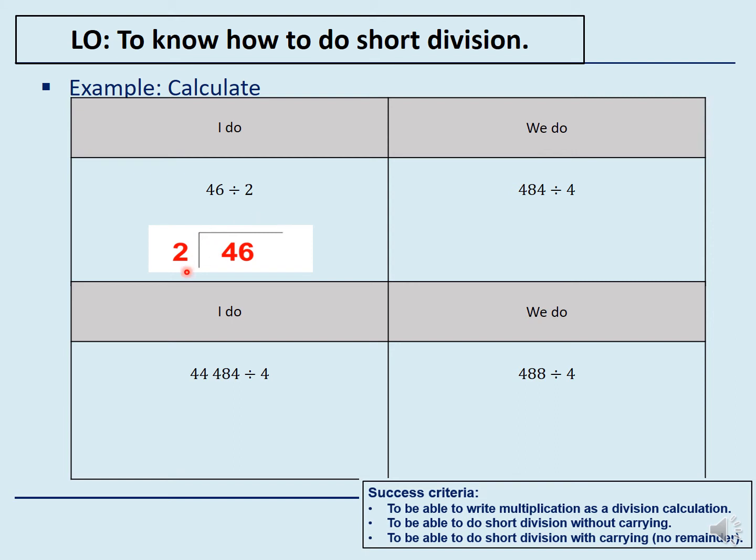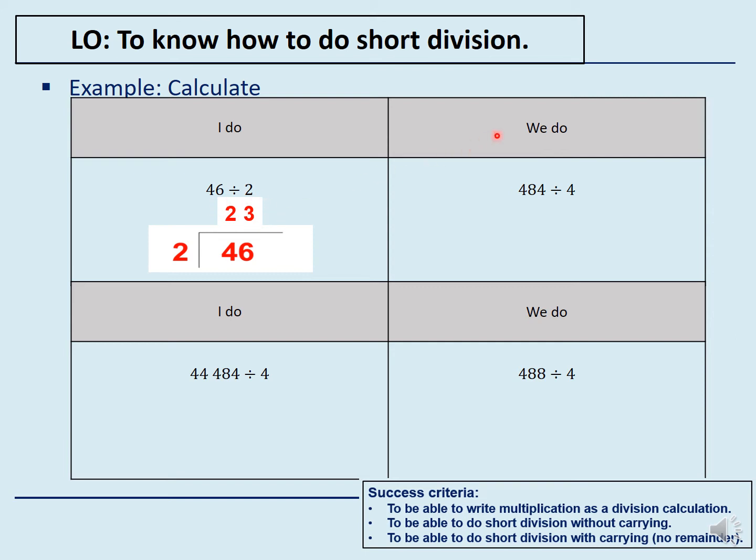First of all, I need to check how many times that number goes into the first digit. So how many times does 2 go into 4? Twice. That 2 goes up here, no remainder. How many times does 2 go into 6? 3 times. So 3 goes there. So the answer for this division is 23.